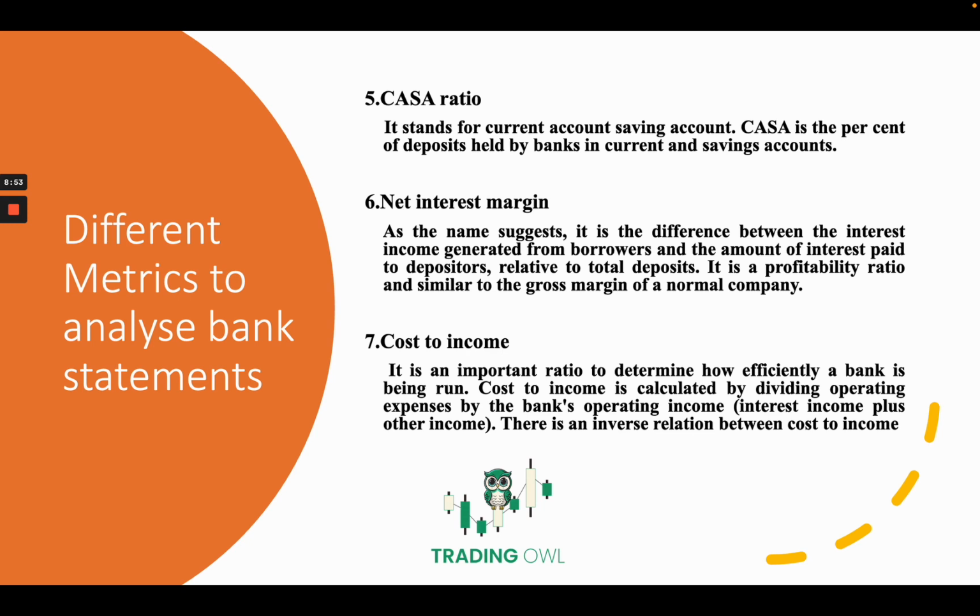The other one is the net interest margin. As the name suggests, it is the difference between the interest income generated from borrowers and the amount of interest paid to depositors, relative to total deposits. It's a profitability ratio and similar to the gross margin of a normal company.